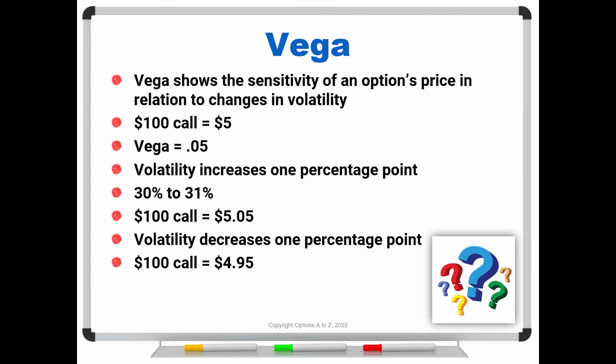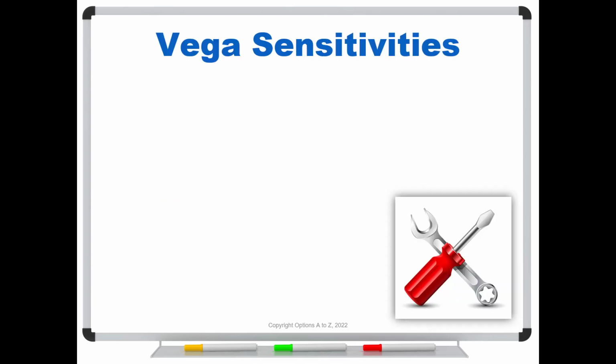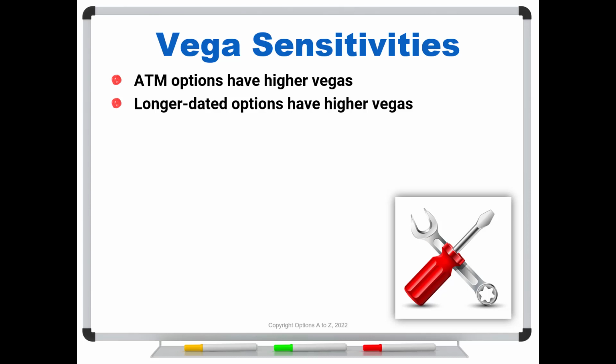So once you understand that, it's now time to take a look at the vega sensitivities. Understand that your at-the-money options have higher vegas. All else being equal, it's the at-the-moneys that will have the greatest vega numbers. Longer dated options will have higher vegas as well. And so yes, that means if you are trading at-the-money LEAPS, let's say, something that has more than 9 months till expiration, but especially if you're going out a year or 2 or closer to 3 years, they are going to have absolutely the highest vegas.